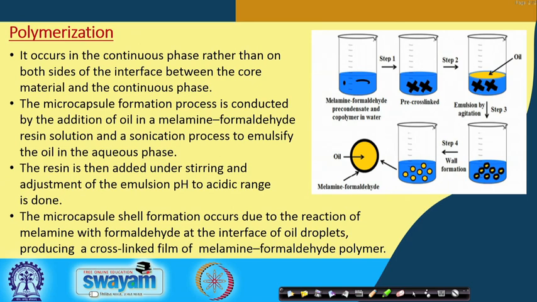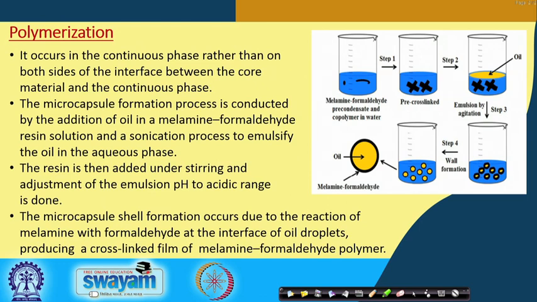The polymerization process occurs in the continuous phase rather than on both sides of the interface between the core material and the continuous phase. The microcapsule formation process is conducted by the addition of oil in a melamine formaldehyde resin solution and a sonication process to emulsify the oil in the aqueous phase.